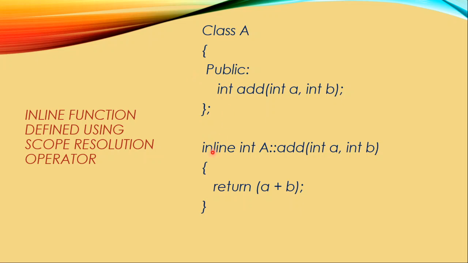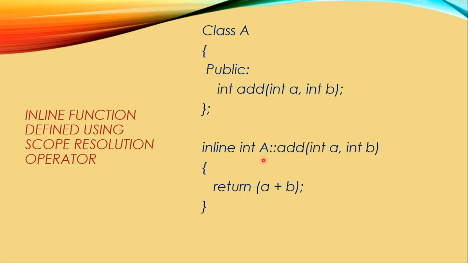Now we have to come out of the class and define the function. That means you have to use the keyword inline, the return type int or char or float, and then A is the class name, the scope resolution operator, then the add function, add(int a, int b).